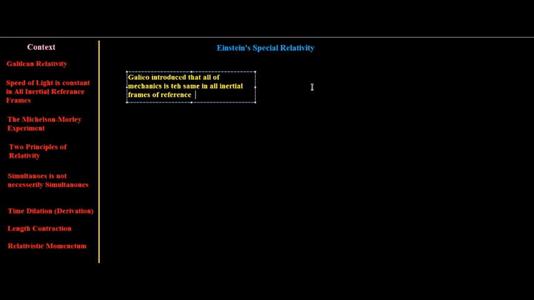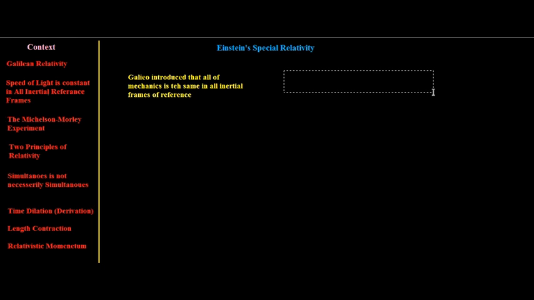So, one of the biggest controversies at this time was whether the speed of light would change. Galileo and Newton introduced that the speed of light changes based on your reference frame.